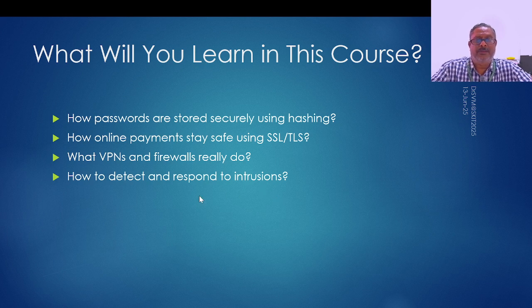The first thing is how to detect if somebody is entering our secure line, trying to intrude into our secure system, and once detected, how to respond to that.